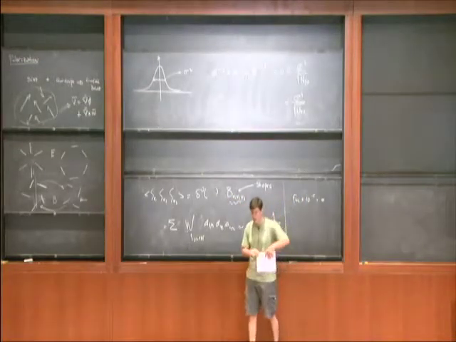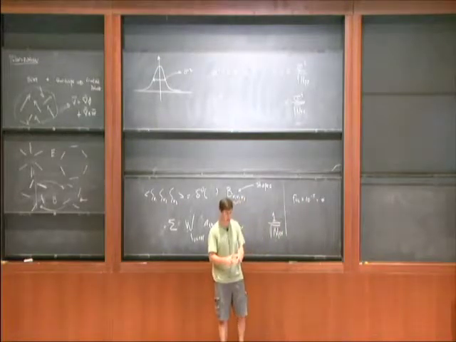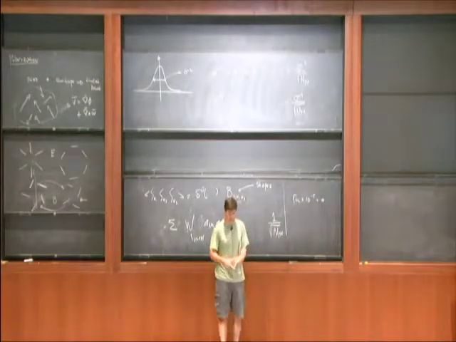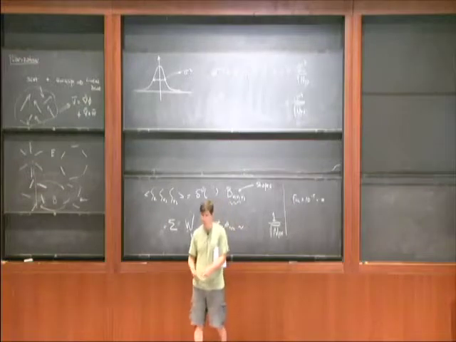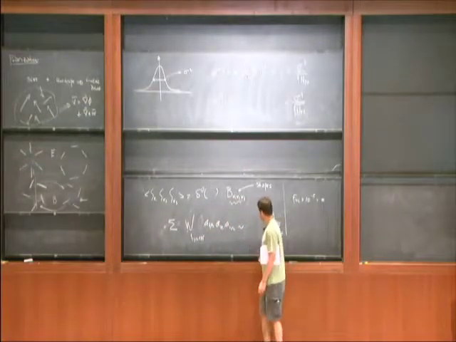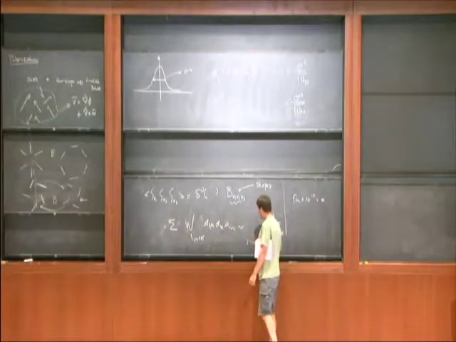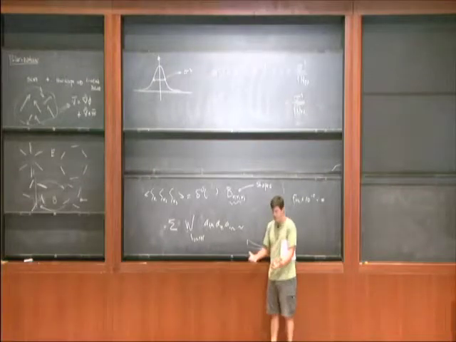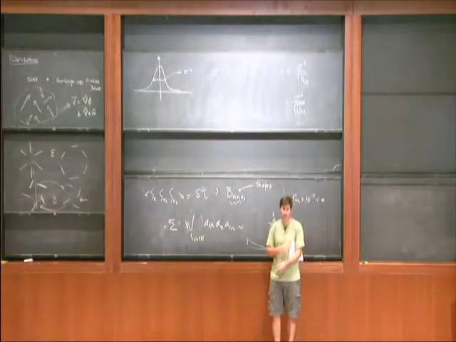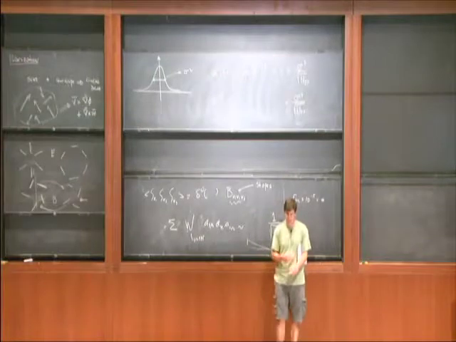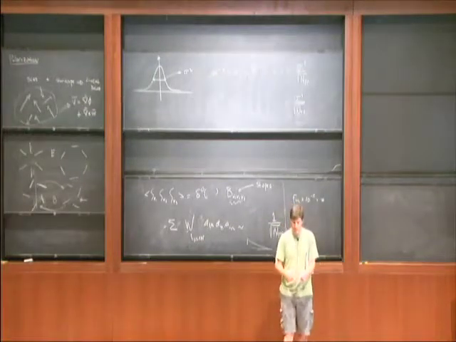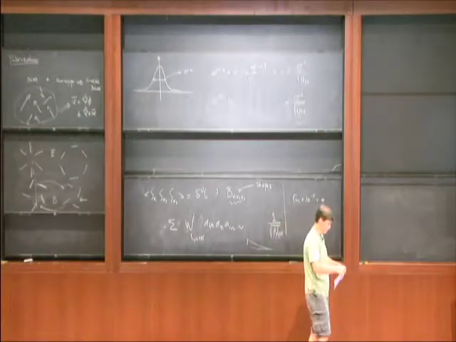The FNL is defined in the equilateral by the amplitude in the equilateral configuration, but things like the squeezed triangles have much more amplitude in some other configuration, and so even if you normalize two of these shapes in the equilateral, they really mean different levels of non-Gaussianity.